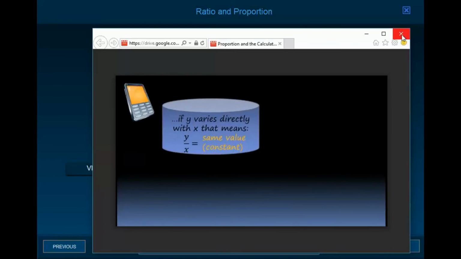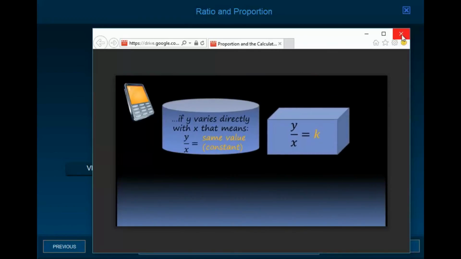Remember, we said that if y varies directly with x, that means that at any point in time, the value of y over the value of x, that ratio is equal to the same value. It is constant.